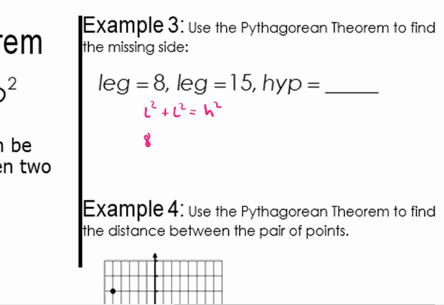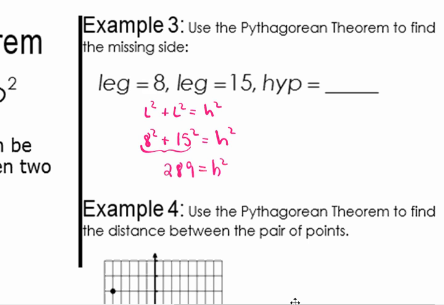So that would be 8 squared plus 15 squared equals hypotenuse squared. I'm going to type all of this into the calculator, and that gives me 289 is equal to the hypotenuse squared. I want the hypotenuse without the square on it. So what undoes a square?